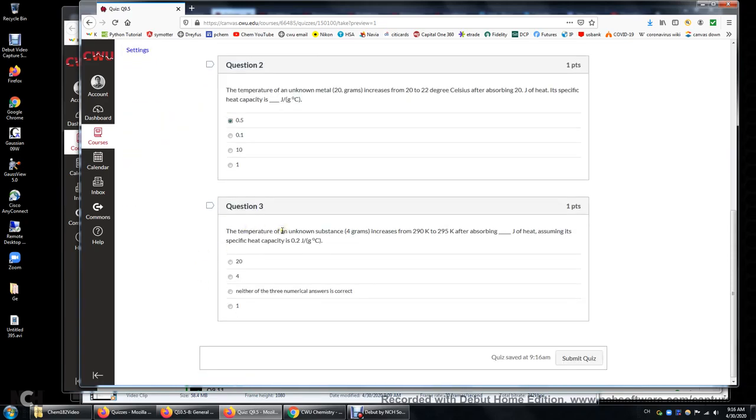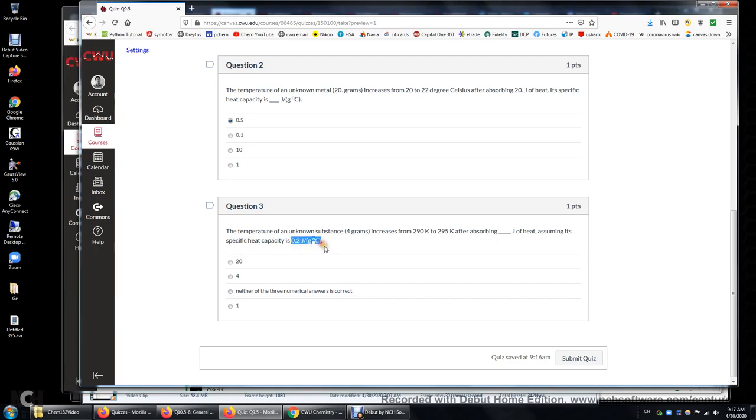The temperature of an unknown substance, 4 grams, increases from 290 to 295 Kelvin, so the temperature increase is 5 Kelvin. After absorbing, well, over here we need to fill in the blank. The specific heat capacity is given.